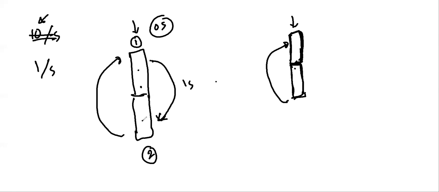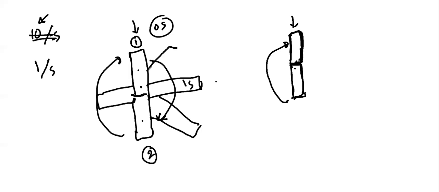At 1 second, it will take an image. In between, when the stick is there, you can't take the image because the resolution is 1 sample per second. When the stick is in between, you are not getting the image. So that's why you actually lost the image.